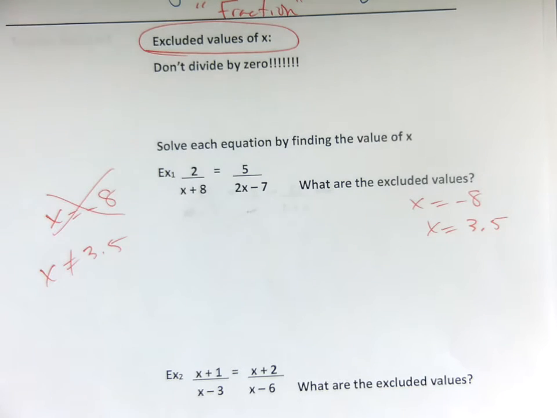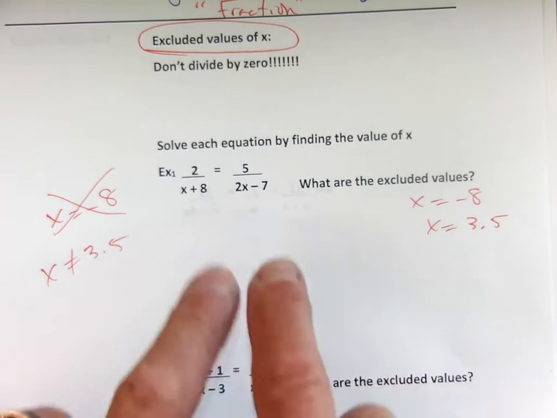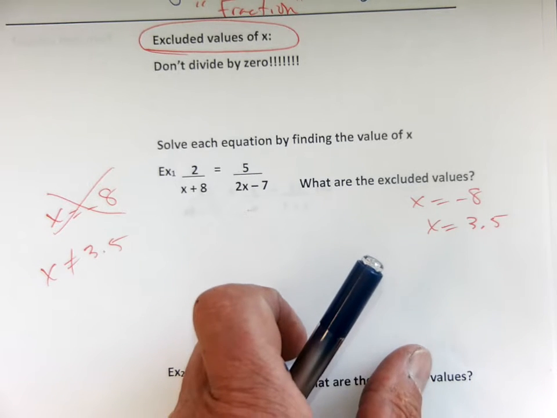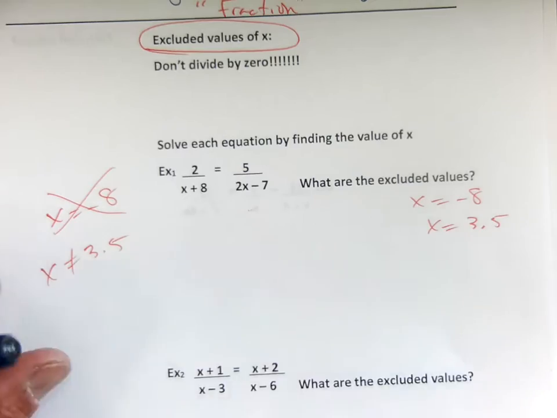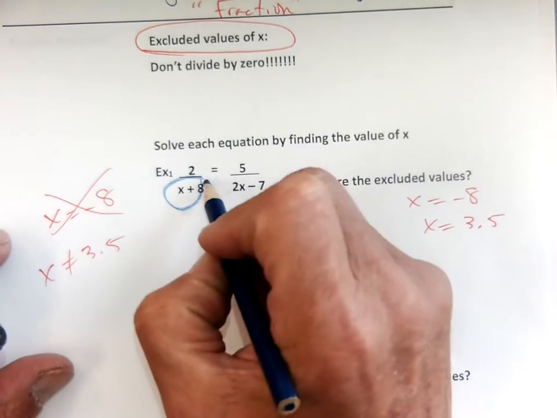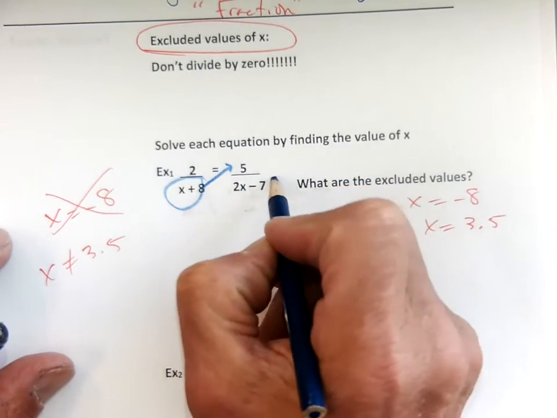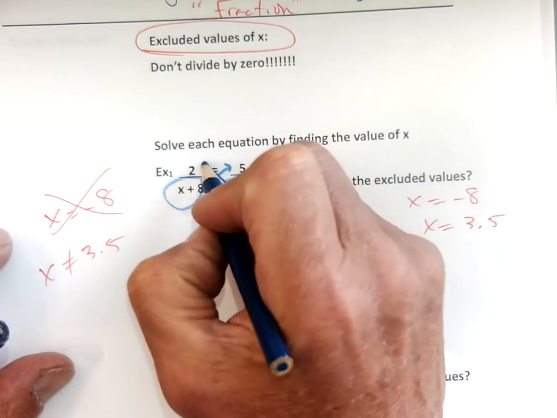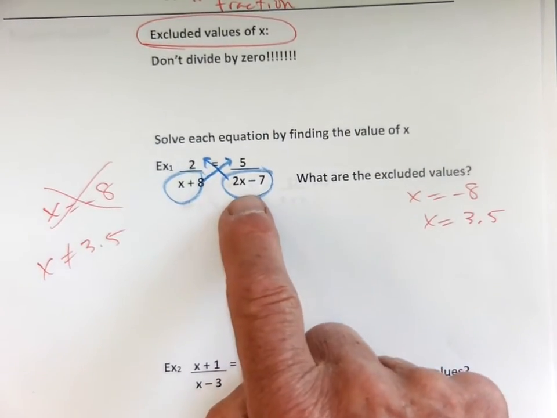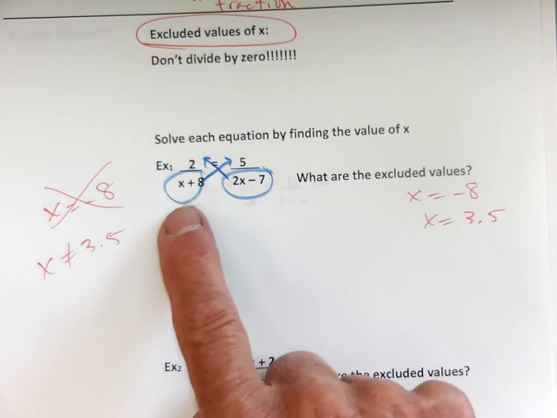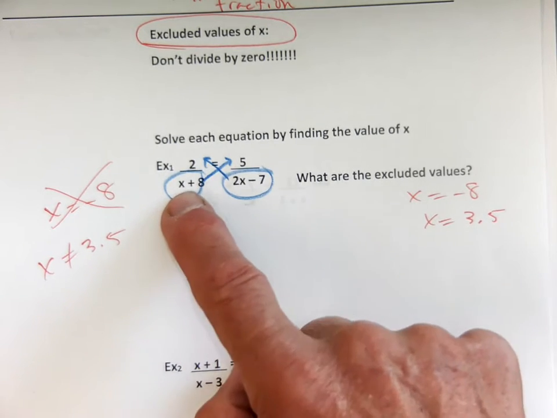Now, if we have a fraction equal to a fraction, the easiest way to solve is simply to cross multiply. This only works if you have a fraction equal to a fraction. This 2x minus 7 multiplies up to the 2. This x plus 8 multiplies up to the 5.